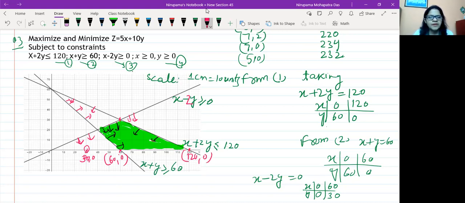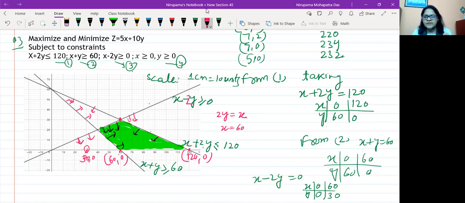Now what about this? From my graph it is clear, but to be doubly sure, you can check: this point is the intersection of these two lines. Here I am getting 2y equal to x, or x equal to 2y. So if I take 2y equal to x, then x plus x, 2x equals 120, so x will be 60.